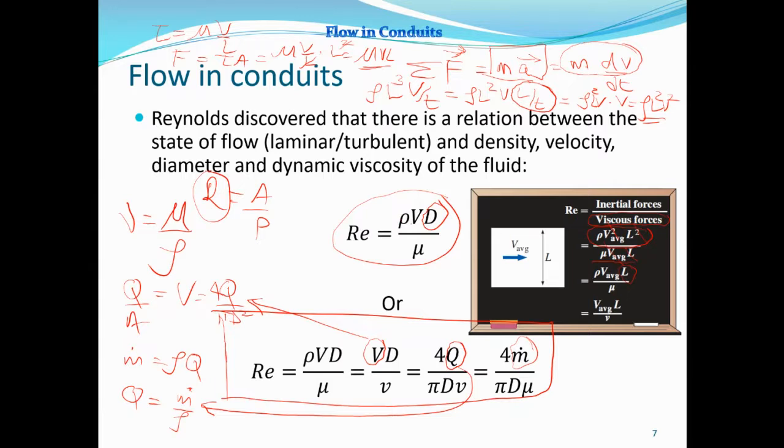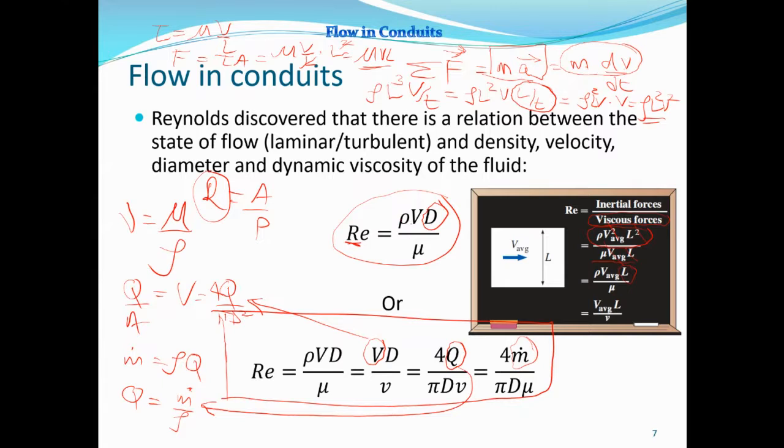The inertial force is simply the sum of all the forces acting on the fluid element, including the pressure force, the gravitational force, as well as the shear force, and any other force that may be acting on the fluid element as it is moving. So for turbulent flow, the viscous force does not dominate over the inertial force, so we have a greater Reynolds number, because the velocity is higher in turbulent flow.